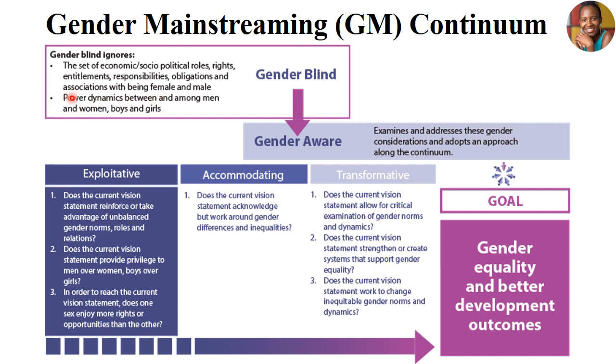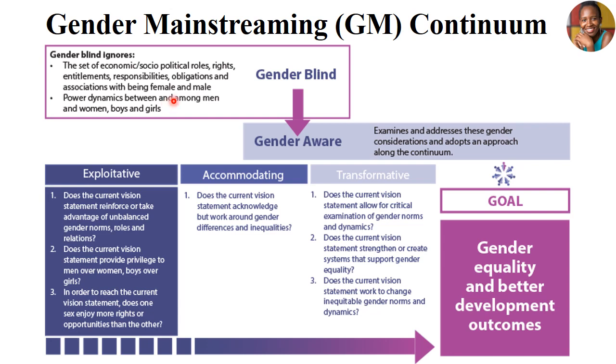And so there's a lot of ignorance around power dynamics between and among men and women, boys and girls. So this is a stage where we are not trying to evaluate these different needs that exist, be it economic, social, political, or cultural.